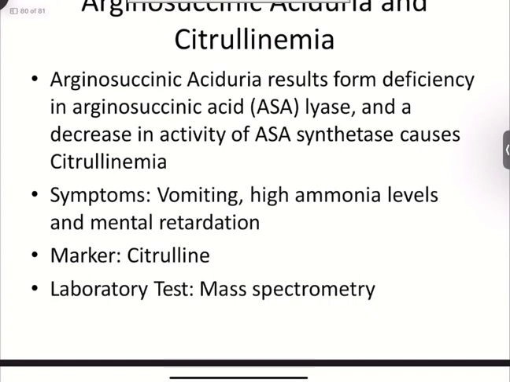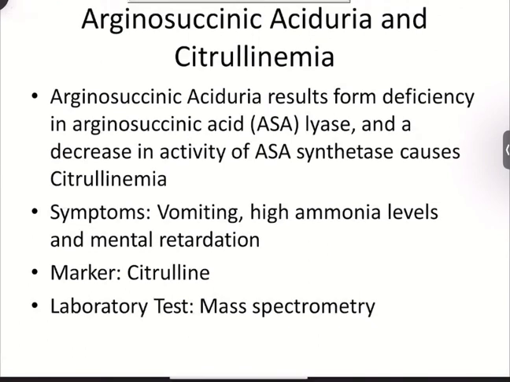Next is your argininosuccinic aciduria and citrullinemia. Your argininosuccinic aciduria results from deficiency in argininosuccinic acid or ASA lyase, and a decrease in activity of ASA synthase causing citrullinemia.